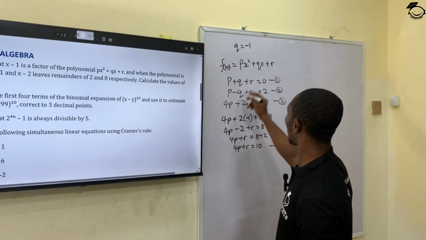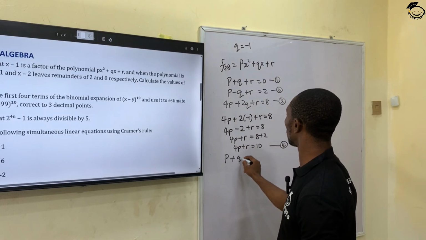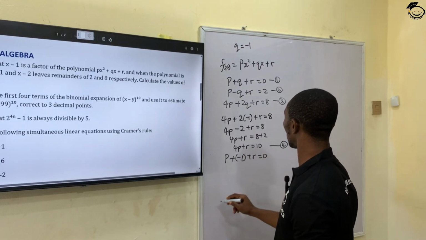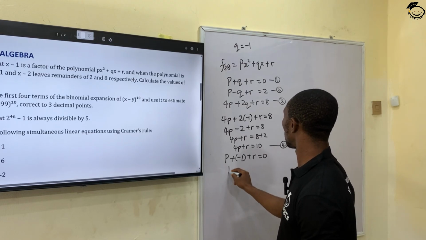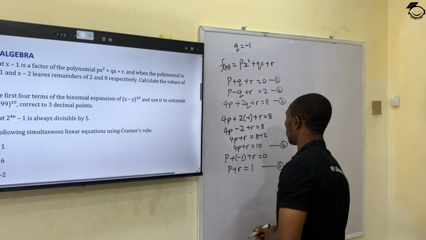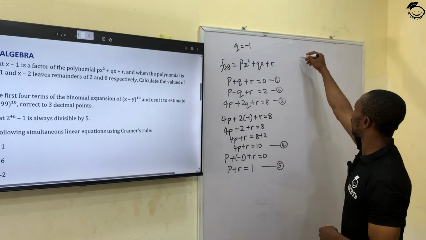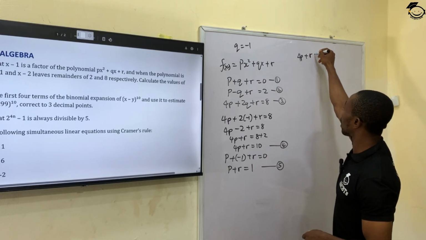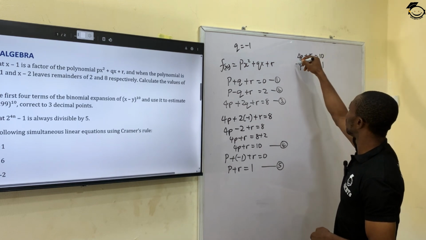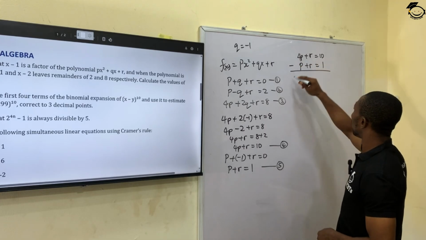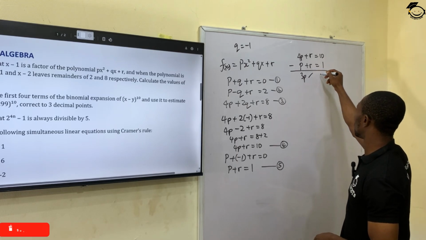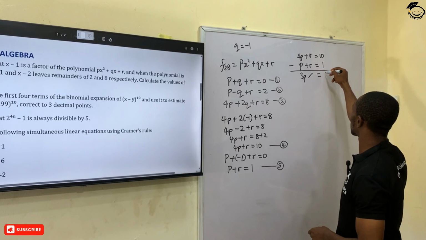And substituting into our equation 1, where we have p plus q, in this term, minus 1 plus r equals 0. This will give us p plus r equals 1, equation 5. So now, bringing our equations 4 and 5 together, we have 4p plus r equals 10 and p plus r equals 1. So we can now subtract, all right? Now, 4p minus p will give us 3p, r will disappear, giving us 10 minus 1, 9.